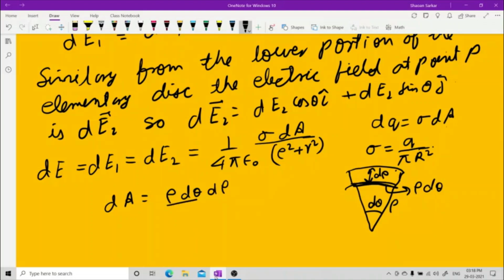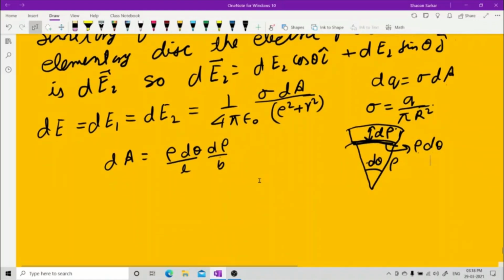This is d rho, the thickness of the elementary portion, which is basically the breadth, and the length of this portion is rho d theta. Now this is the way you need to write.